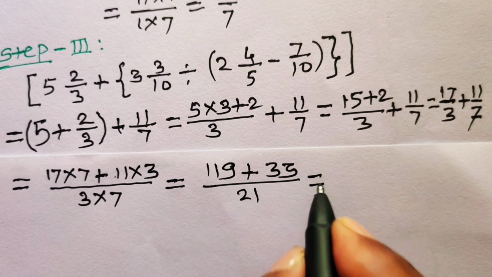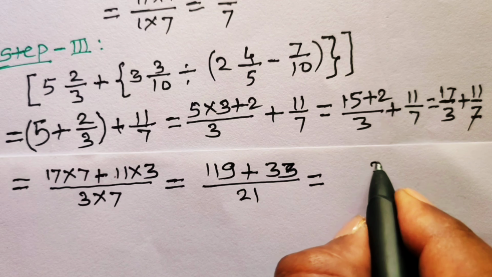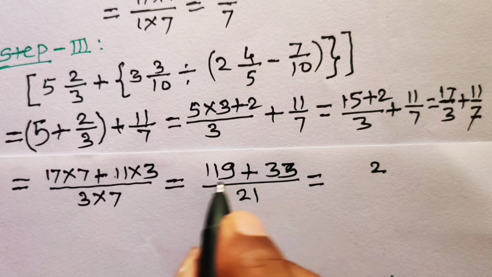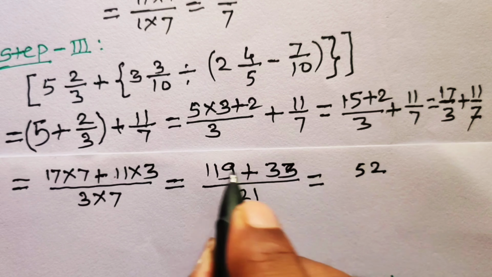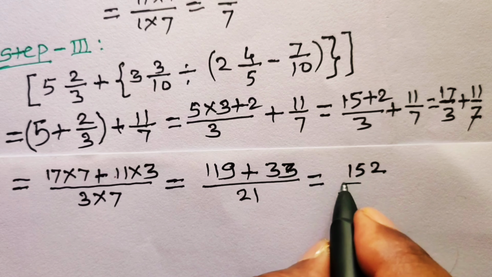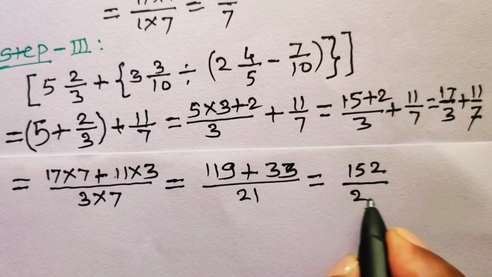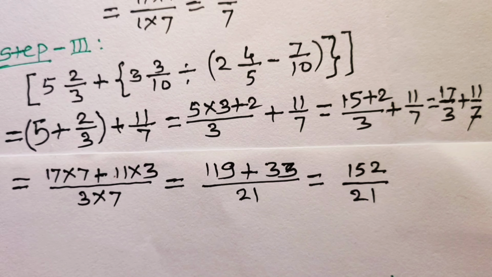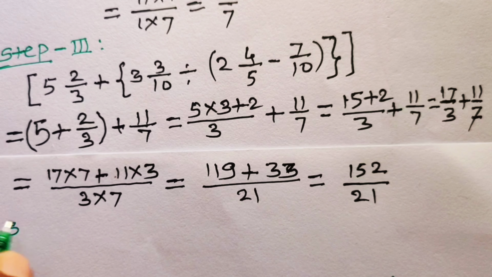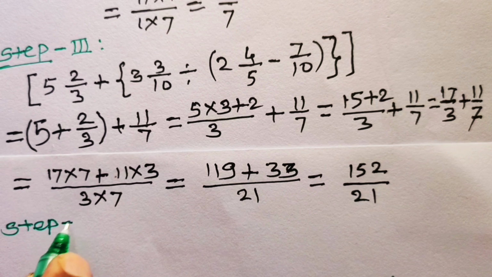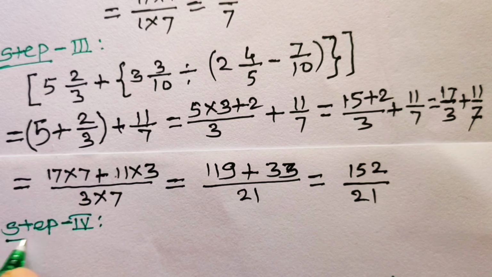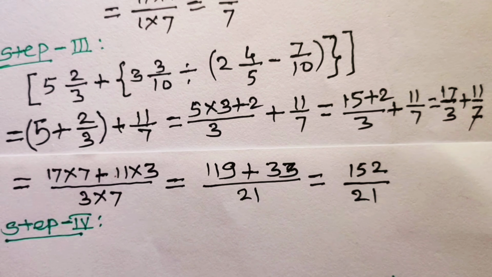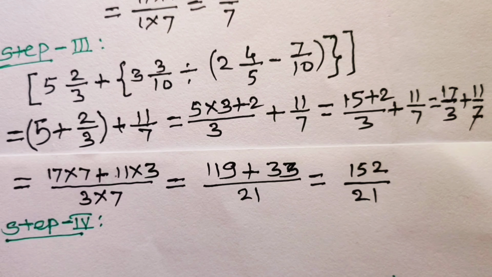This is equal to 3 plus 9, 12, 1 plus 3, 4 plus 1, 5, and this 1 over 21. This is the value of step number 3. Let us move towards step number 4. In this step, we have to take the given expression as it is to get its value.